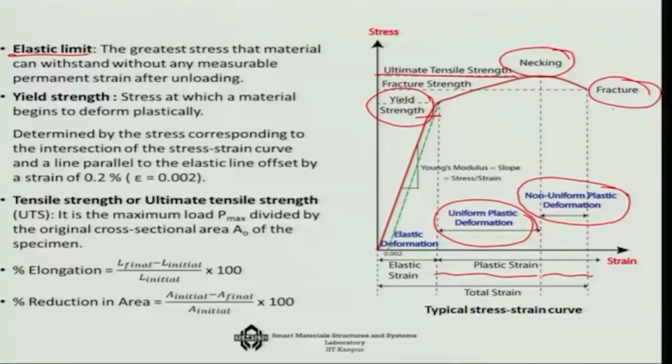That is why ultimate tensile strength plays a very important role in product design. The other two important factors are the percentage elongation, that is the ratio of the change in length, final minus initial, over the initial length, and similarly for the area. That tells us how compliant the material is.